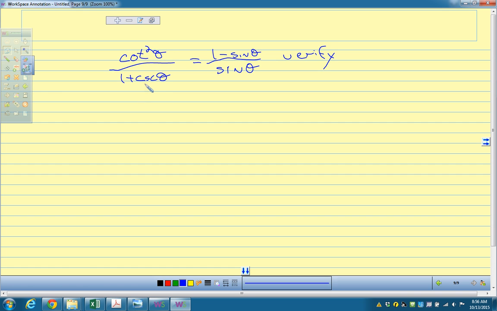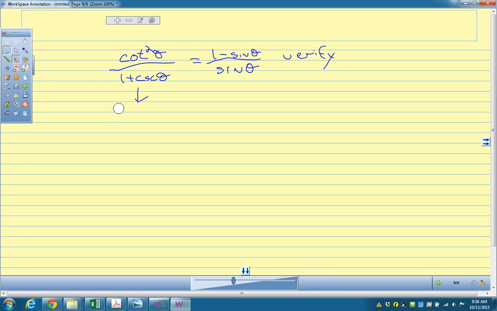The bottom is in cotangent, okay, but the top, this is tricky. So I could probably work with this side and do something like multiply by 1 plus sine over 1 plus sine, but I can rewrite the top, cotangent squared is equal to cosecant squared theta minus 1. Okay?